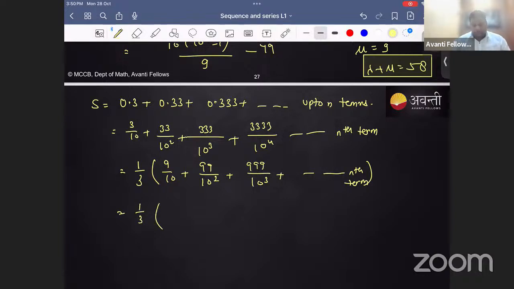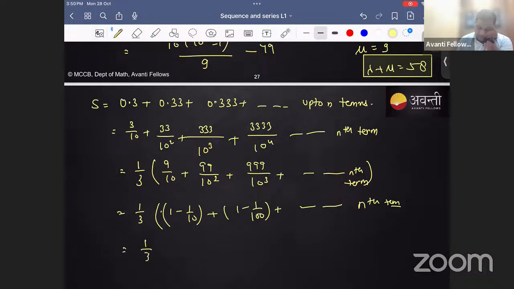I write it as 1 minus 1 by 10, 1 minus 1 by 100, and so on up to nth term. Now this 1 goes in, and now there is a GP: 1 by 10, 1 by 10 square, 1 by 10 cube. Got it? Sum will be 1 by 10, times (1 minus (1 by 10) to the power n), upon 1 minus 1 by 10.